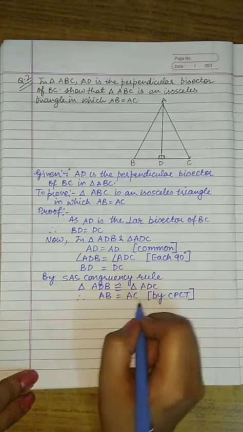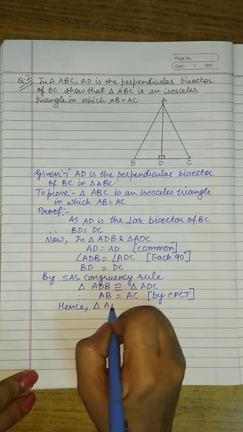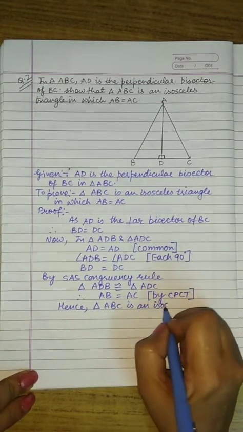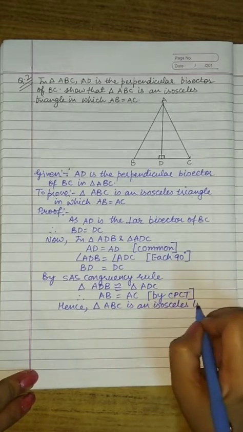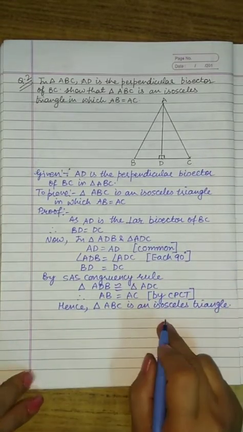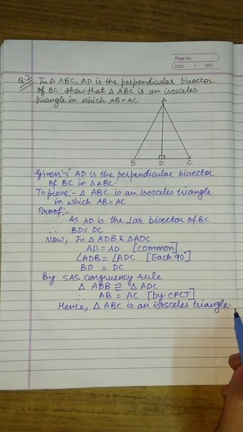So if AB is equal to AC, hence triangle ABC is an isosceles triangle. So we have proved this result that triangle ABC is an isosceles triangle.